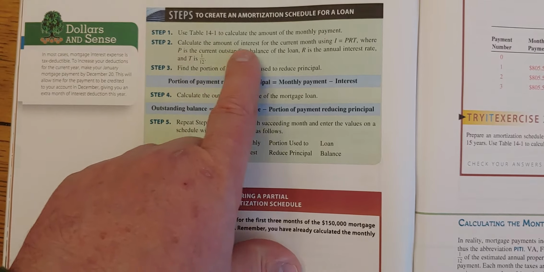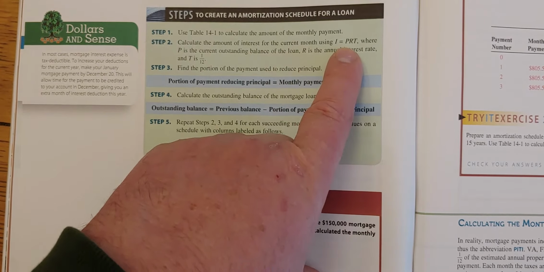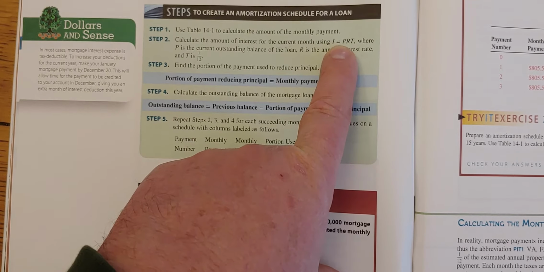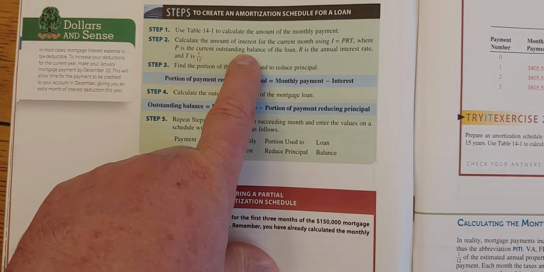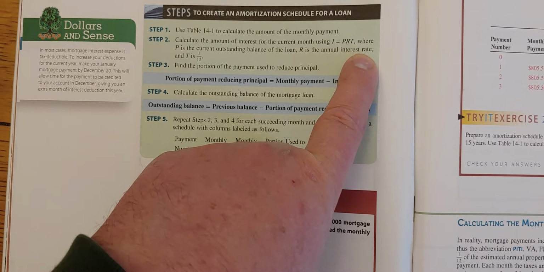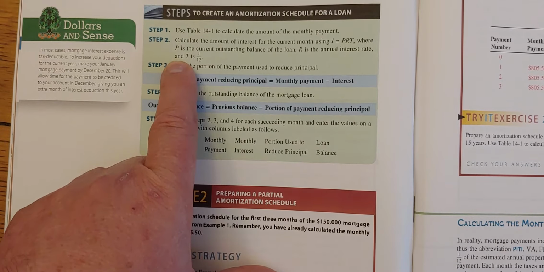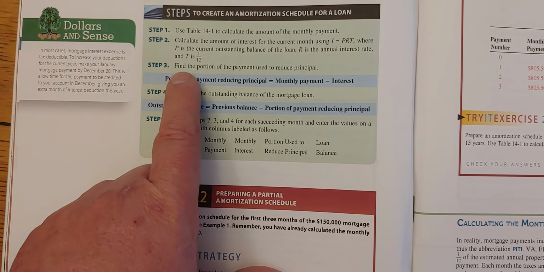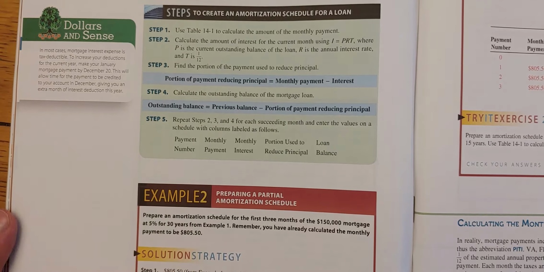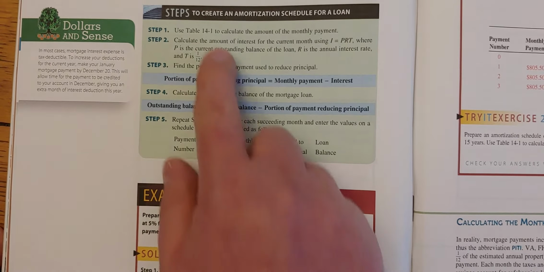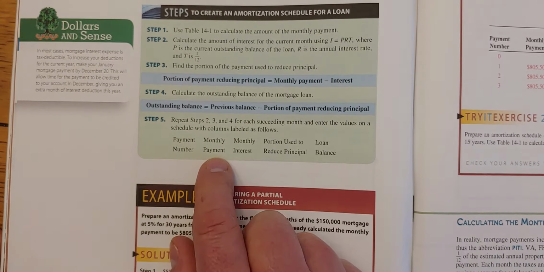Then we're going to calculate the amount of interest for each month, using our favorite simple interest formula, I equals PRT, where P is the current outstanding balance of the loan, R is the annual interest rate, and T is 1/12, because you're figuring it out per month. Then find the portion of the payment used to reduce the principal. So that is how we're going to create our table.